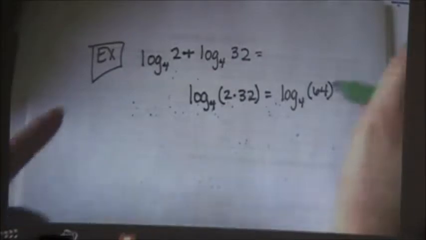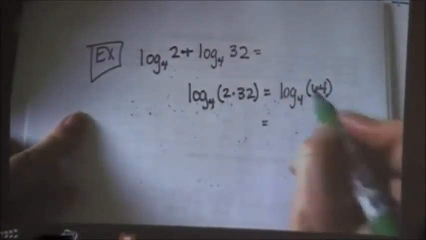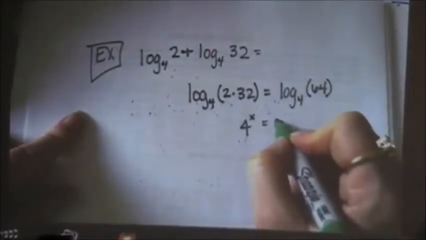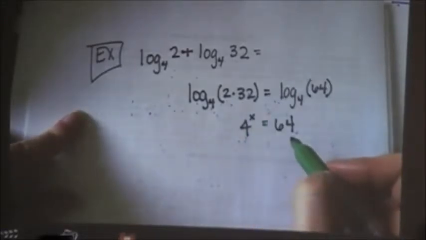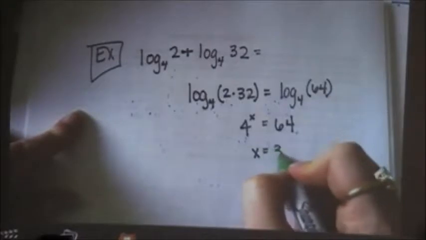Now in this case, log base 4 of 64 happens to give me a value. If we wanted to rewrite this exponentially, it would be 4 to the x power is 64. So 4 raised to what power would give you 64? And that's 3. So this is 3.